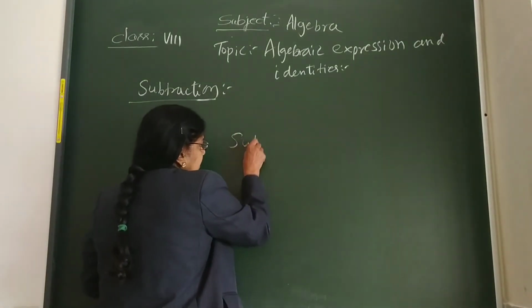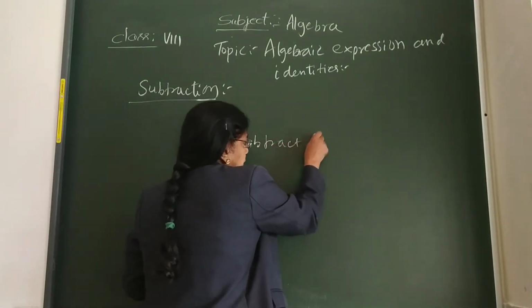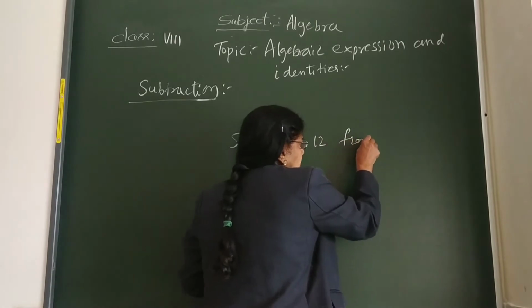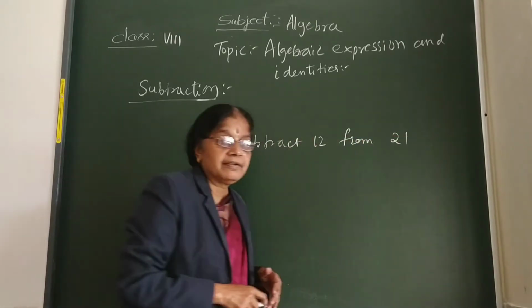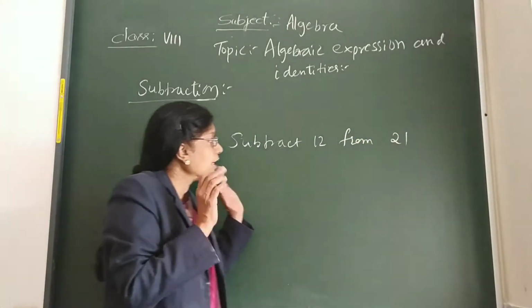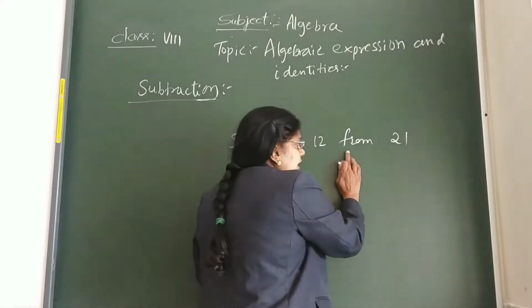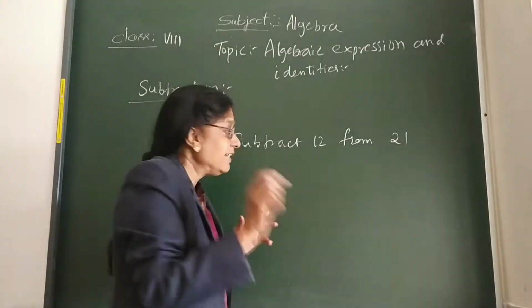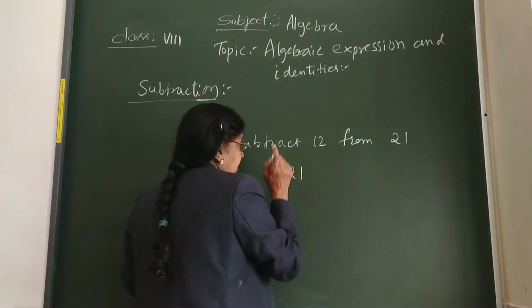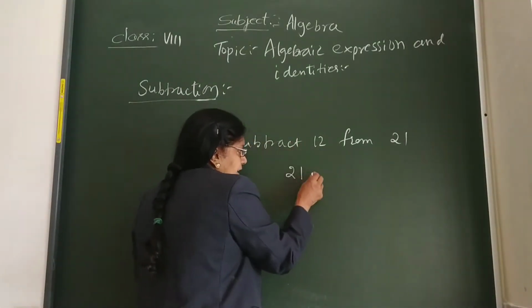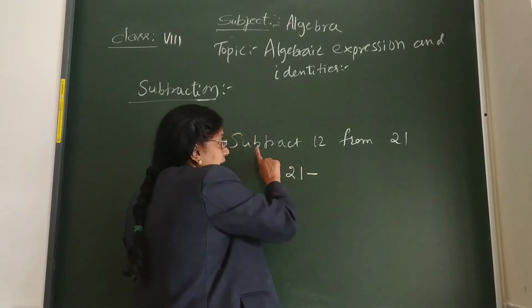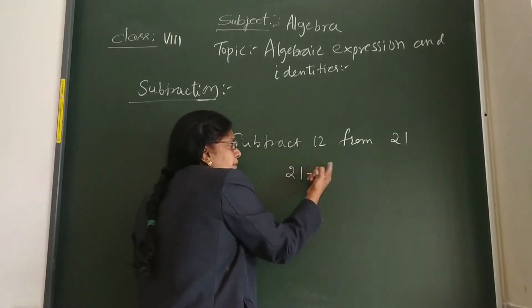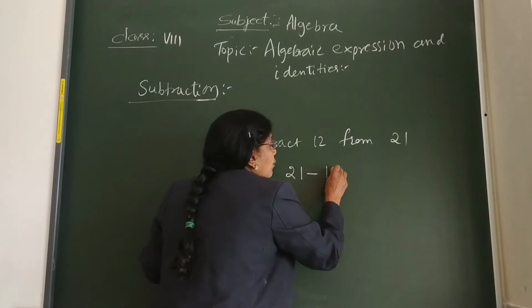Sometimes it will be given: subtract 12 from 21. What you have to remember is that the number that comes after "from" should be written first, 21. Then subtract, and the subtract symbol is minus. After that, whatever number is given, you write it down.